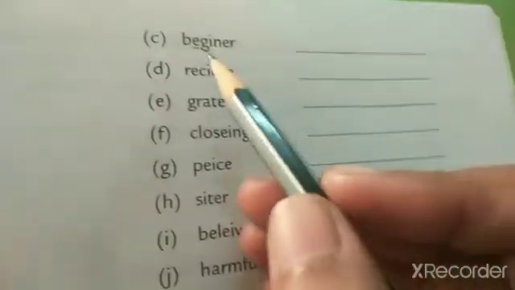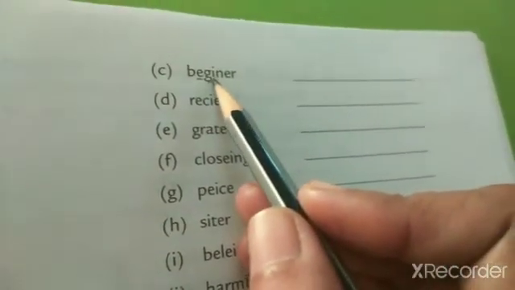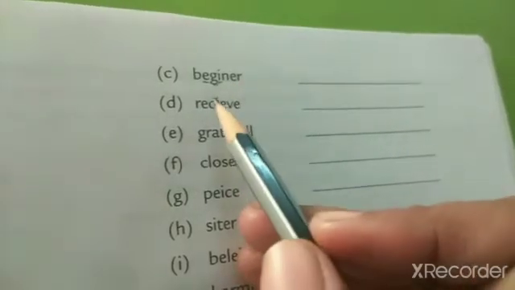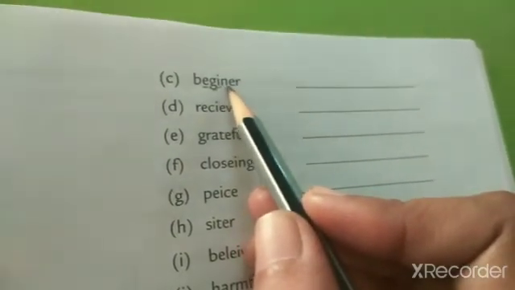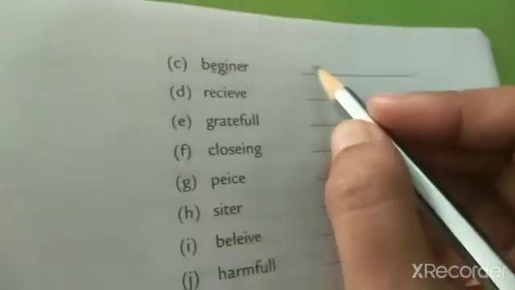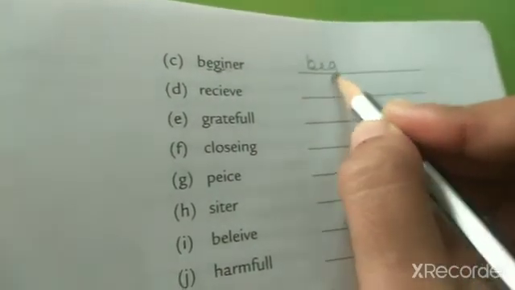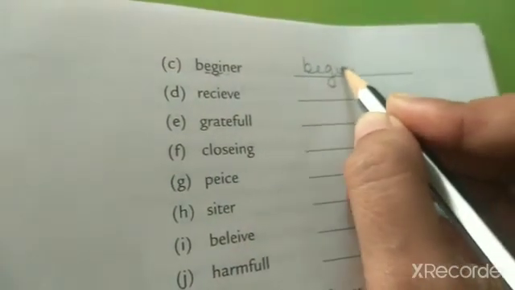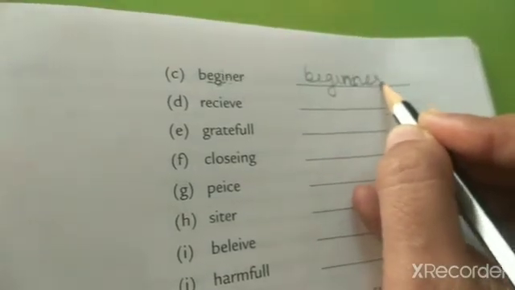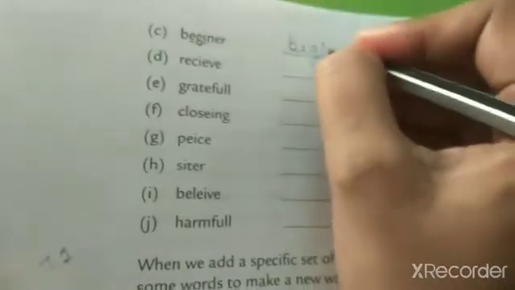Now see the next one, beginner. Okay, now as you can see over here, I is given, I is a vowel. After the vowel, a consonant is there. So we will double the letter N. So it becomes BEGINNER.